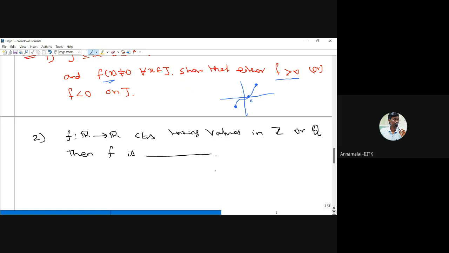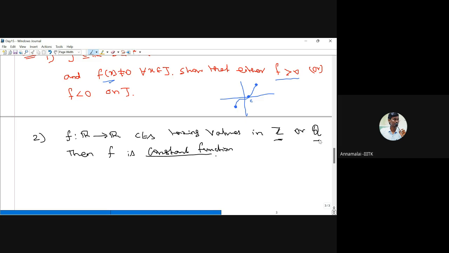Because that constant should be either an integer or rational. That is the only possibility, because Z is a discrete set, and Q is also almost a discrete set. That means there is a gap between any two points. But the function is continuous, so we can draw the graph without lifting our hand. But it is given that it takes only integers or rationals. So the only possibility is a constant function.